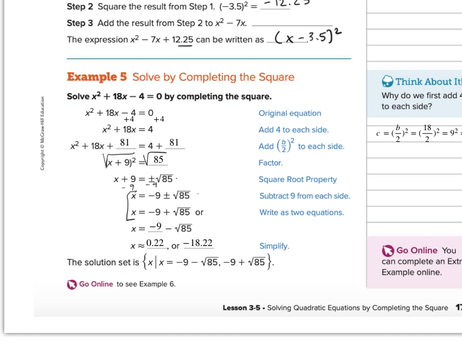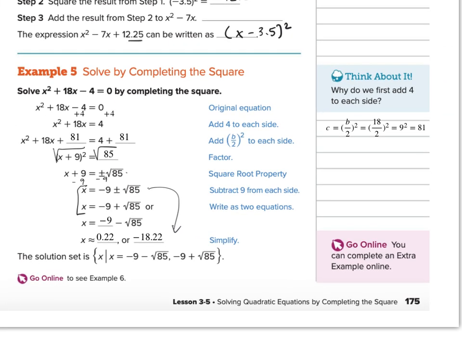So getting from here to here, that's the mathematical process, doing my inverse operations. Now if I go back to this, x plus 9 squared equals 85. If I were to subtract 85 from both sides, that is vertex form.